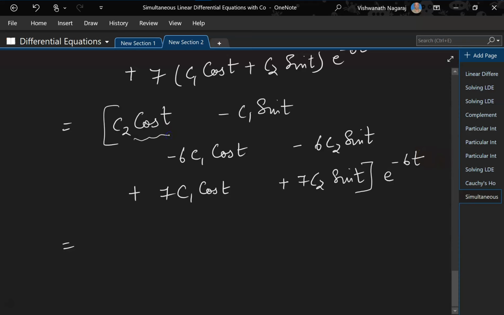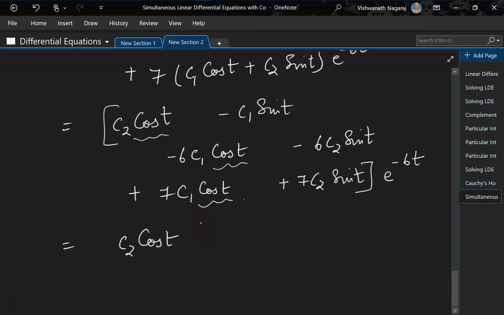Now cos t, cos t, cos t; sin t, sin t, sin t. So let's group them together: c2 cos t, sin t, this is c1, c1. So we can do the simplification.